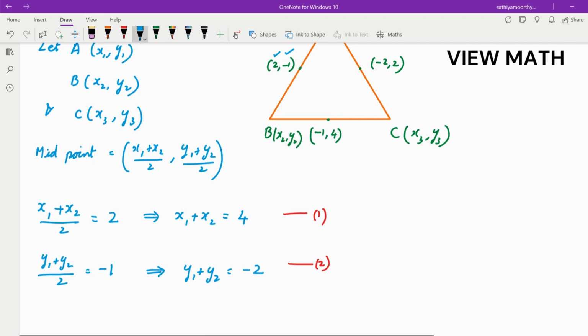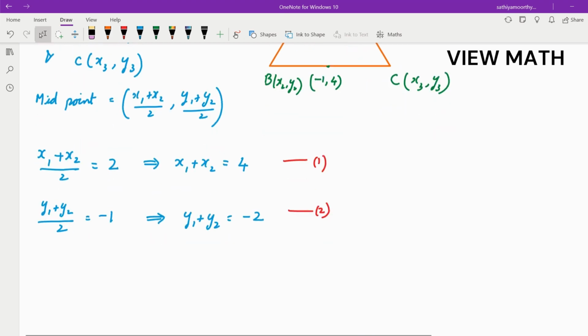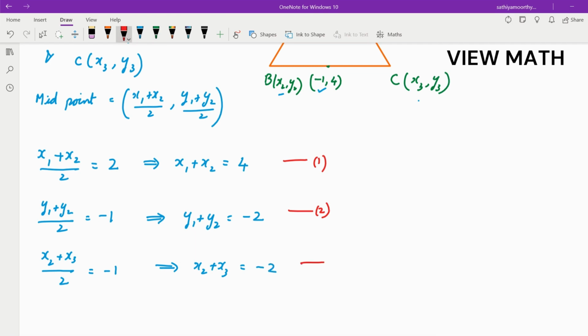Now coming to the side BC. Now (x2 + x3)/2, I'm going to equate it to the x coordinate, which is -1. So this implies x2 + x3 = -2. Now this is the third equation.